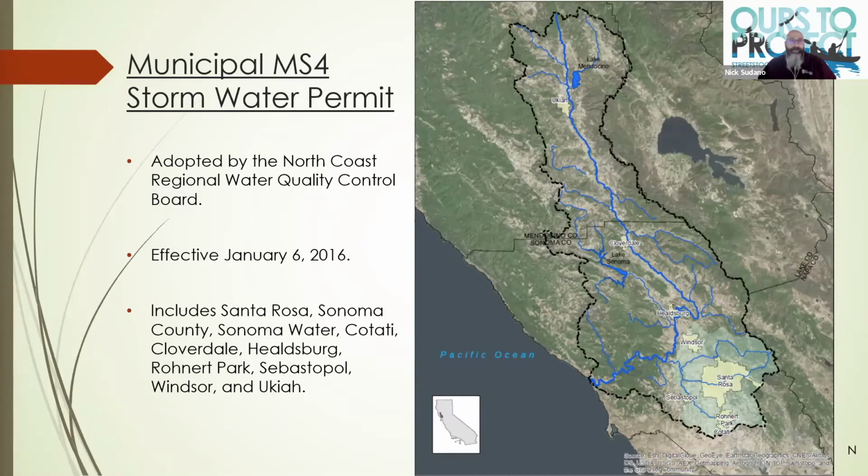Once we get that new permit, you'll see a new LID manual come out that will probably have more stringent or additional requirements, just because our permit is an iterative process. We're also incorporating lessons learned in each new edition of those manuals. So I just wanted to point that out.